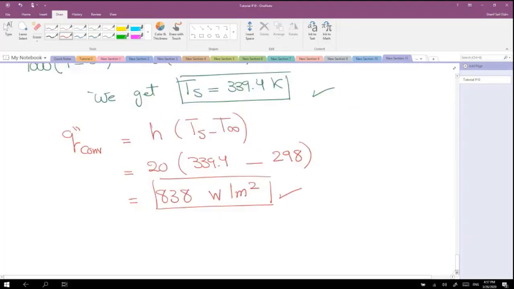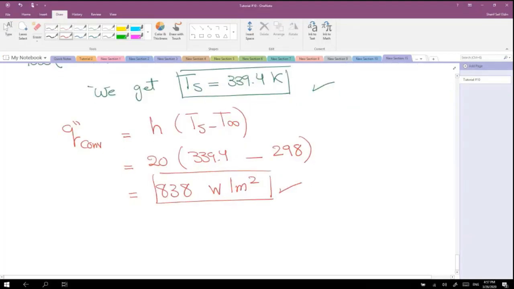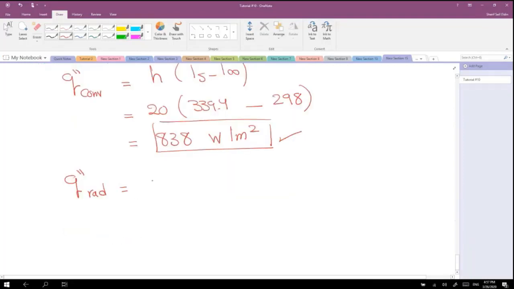The second problem. From the definition, Q double dash radiation is the difference between the heat flux leaving the surface minus G. After doing the whole derivation, we are going to be left with, or we can do it here right now.